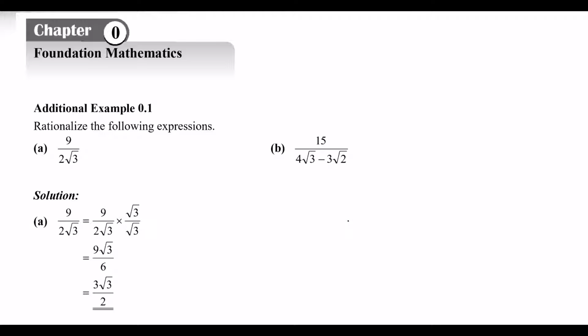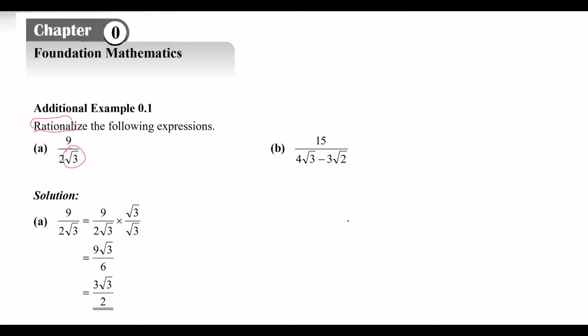Now, if we look at the instruction here, you are asked to rationalize the expressions. If you look at the word rationalize, it actually comes from the word rational. It means we want to make the number rational. In the example in part A, you can see that the denominator consists of an irrational number, square root 3.